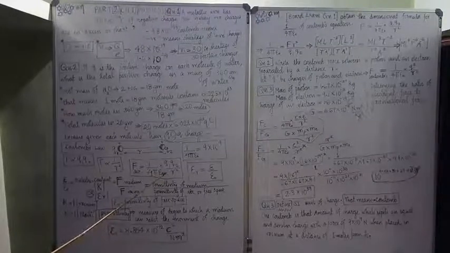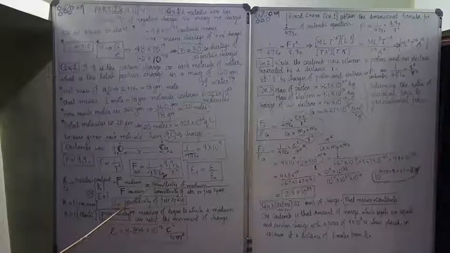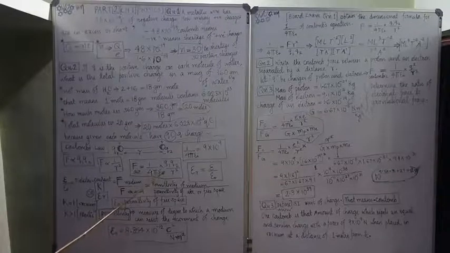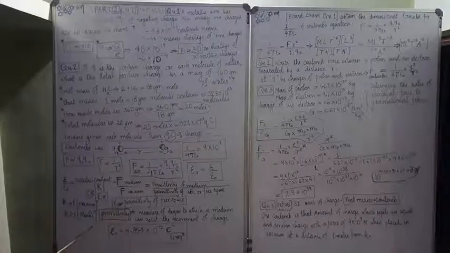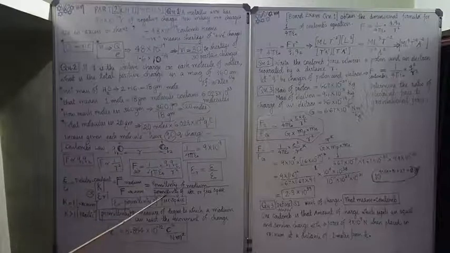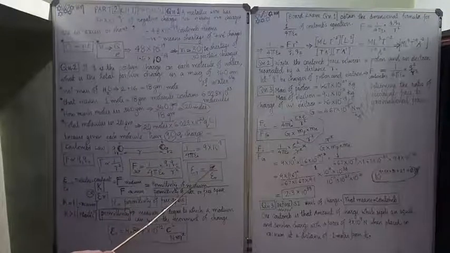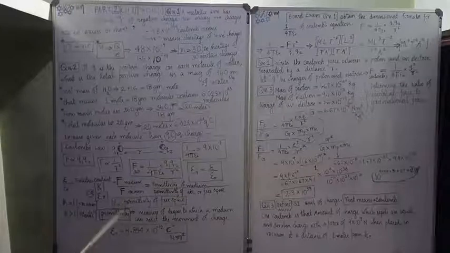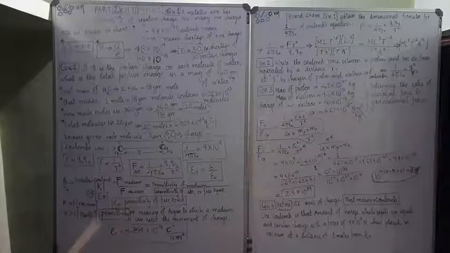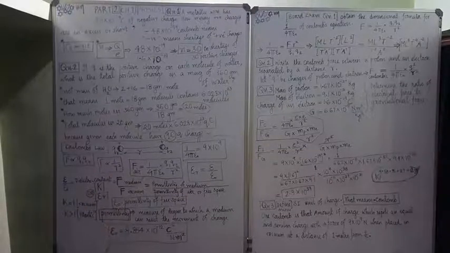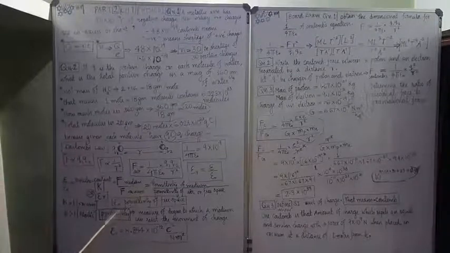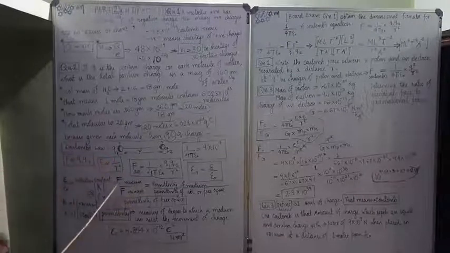That means when there is a medium, we take a multiple of the permittivity of free space, a quantity based on the material which is placed in between.